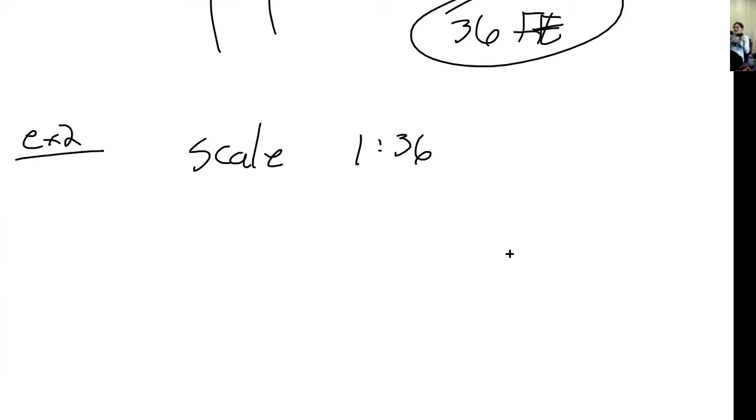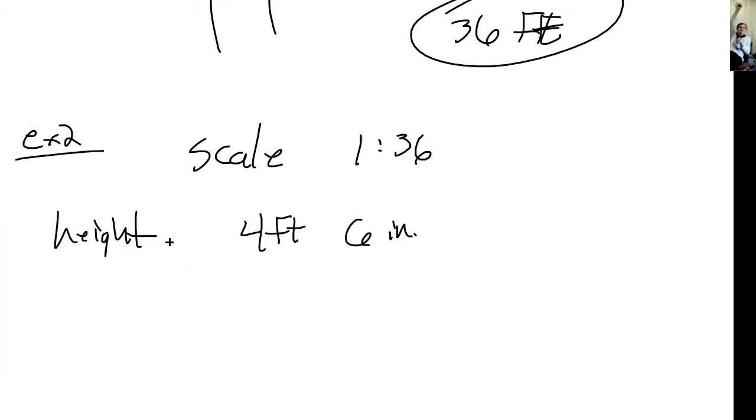If the height of the actual car is 4 feet, 6 inches, so that's not the model. That would be a very large model and wouldn't fit in your living room. Well, it could, but it'd be weird.